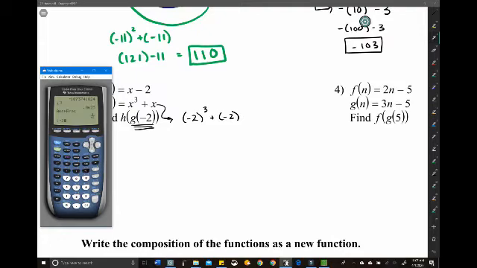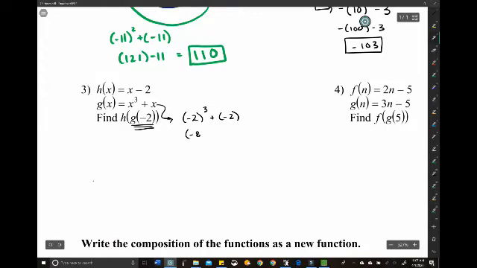Even a non-graphing calculator will help you out. It's negative 8 minus 2, which is negative 10. With that negative 10, you are then going to put that into h. So h is x minus 2, so negative 10 minus 2, which is negative 12. Okay, boom, boom, boom. So that's h.